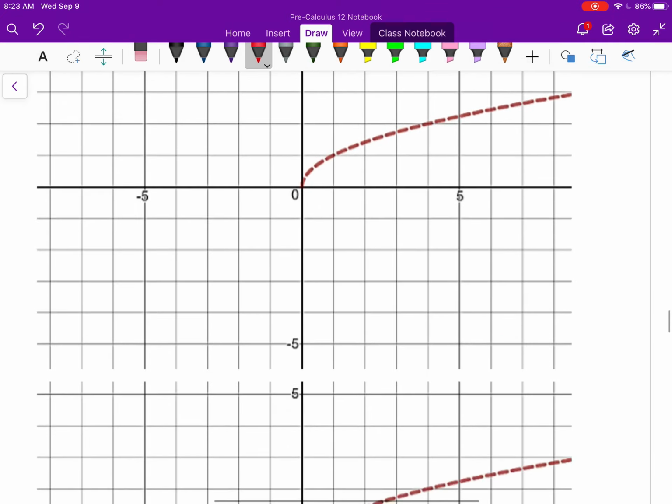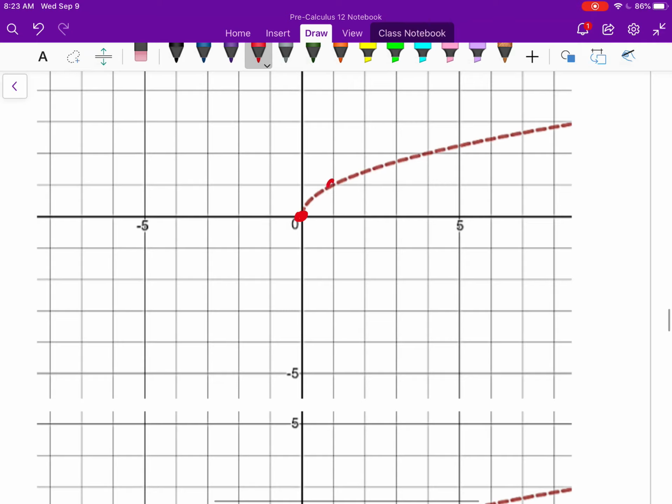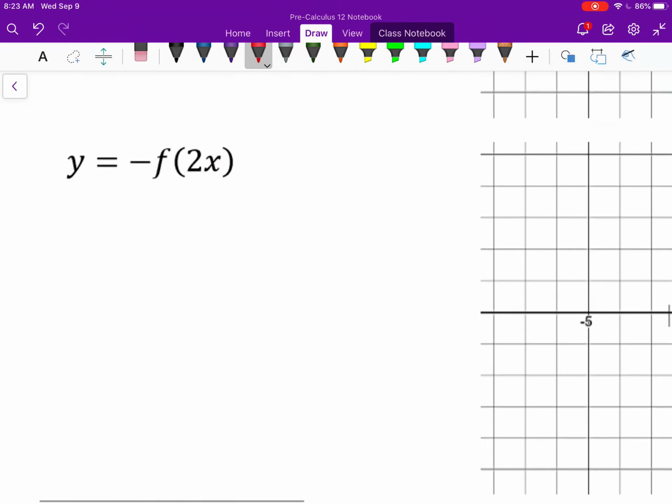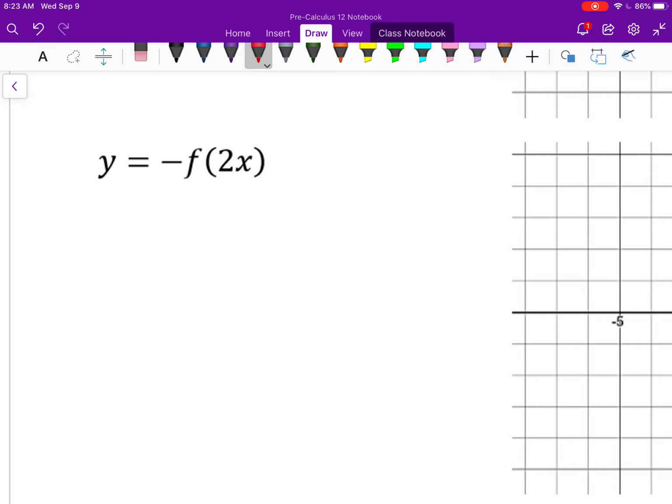So next one. Again, I'll use these same points for this starting function. This time I have, where is it? Negative f of 2x. So the negative, just the negative part, that is a vertical reflection.